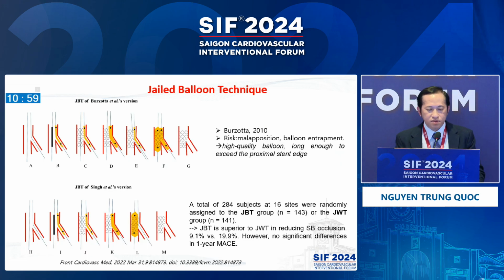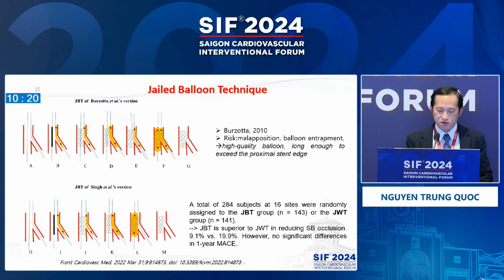Jailed balloon technique: we put the balloon in the side branch and deploy the stent. After deploying the stent, we can inflate the balloon in the side branch and then do the kissing. In the other technique, after the balloon in the side branch, they do post-dilatation. One randomized trial compared the jailed wire technique and the jailed balloon technique.